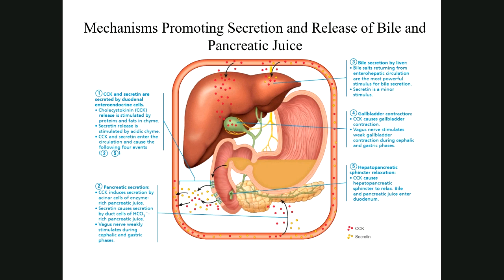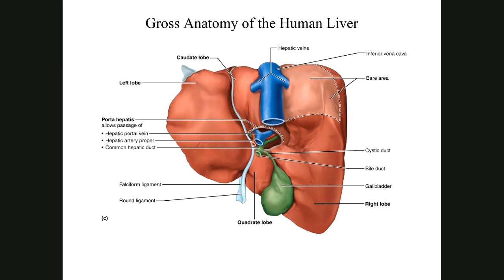It contains a lot of folds that allow it to expand when it fills. Muscular contractions release bile via the cystic duct, which flows into the bile duct. Bile duct, cystic duct.